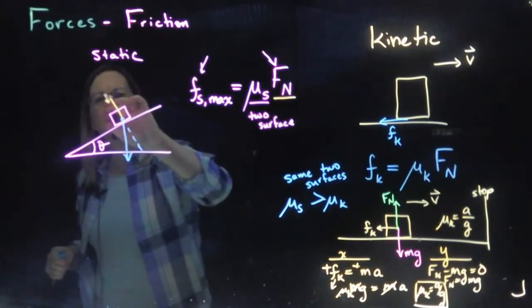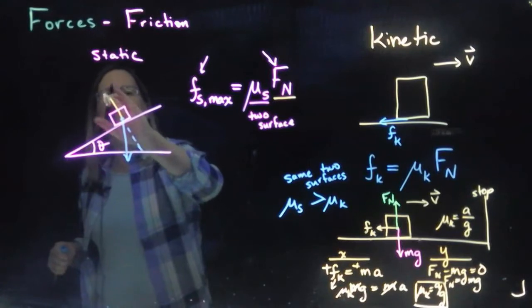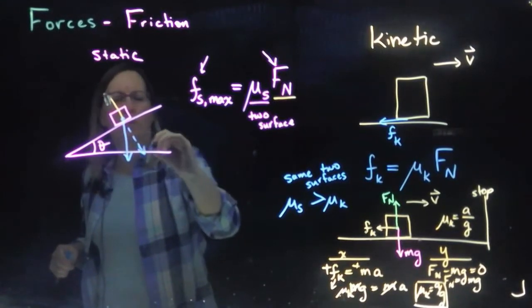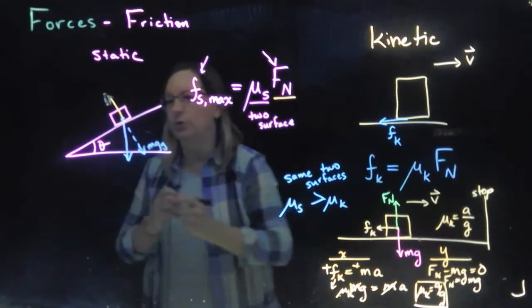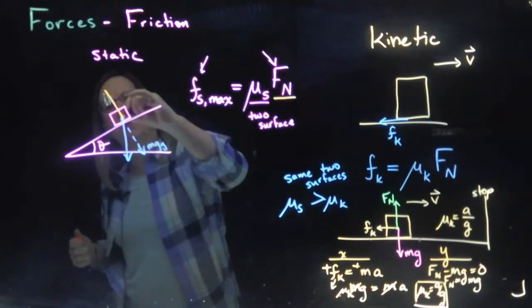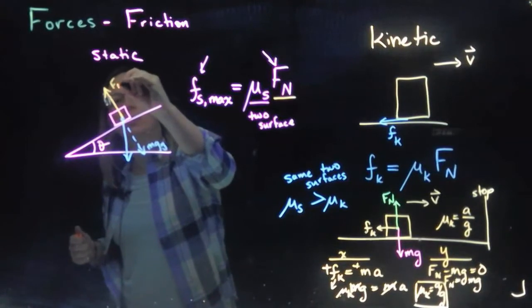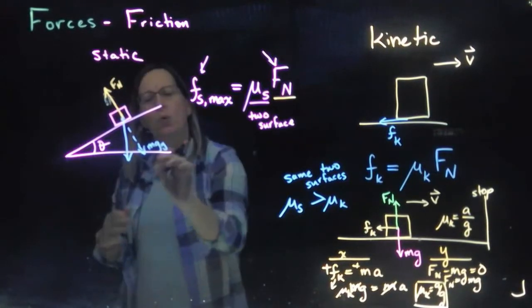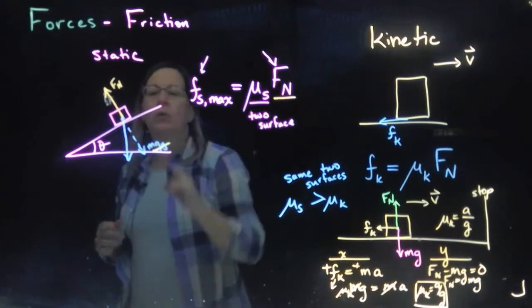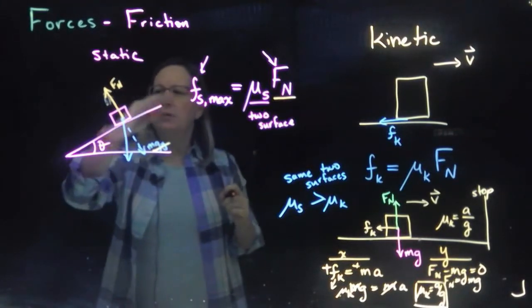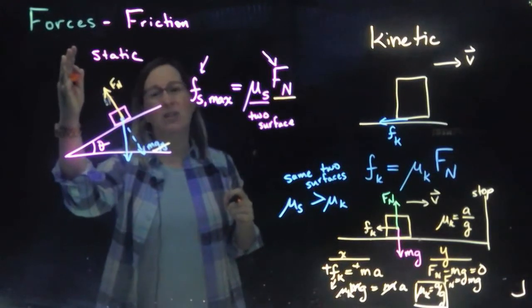Oh, I didn't make that to scale at all. This is my mgy, which my normal force has to be equal to. So it's got to go like this, force normal. But as I tilt this more and more, this right here gets smaller, and so my normal force gets smaller. Because when this is tilted all the way up, notice there is no normal force.